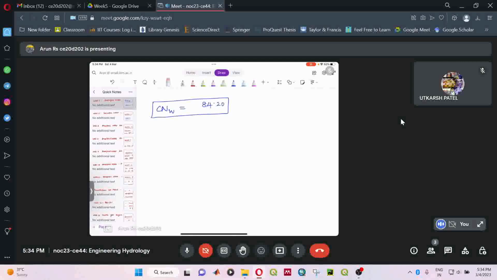So here the maximum soil retention. Once we find out the curve number, we can find out the maximum soil retention. That is S is equal to 1000 by curve number minus 10 into 25.4.